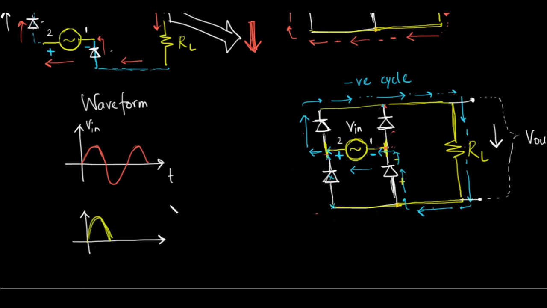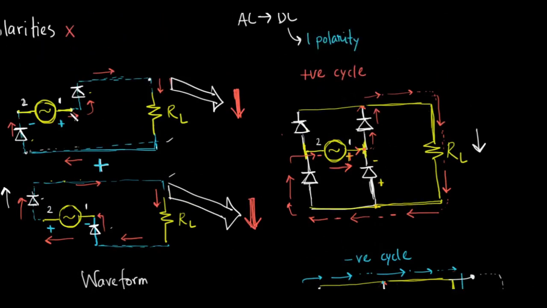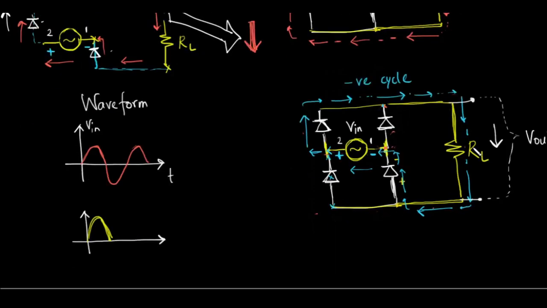What is happening in the negative cycle? In the positive cycle, terminal 1 was connected to the upper part of RL. In the negative cycle, terminal 1 is connected to the lower part of RL. So the input voltage has flipped when it comes to the output. Because of this flipping, in both cycles we have current flow in the same direction. In the positive cycle, current flows through RL from top to down, and also in the negative cycle, current flows through RL from top to down.